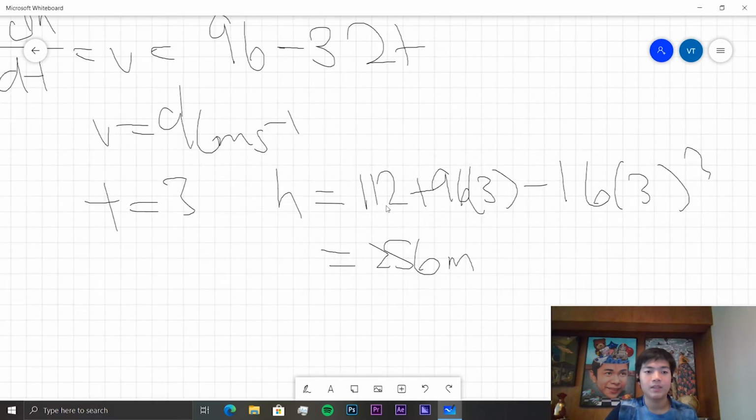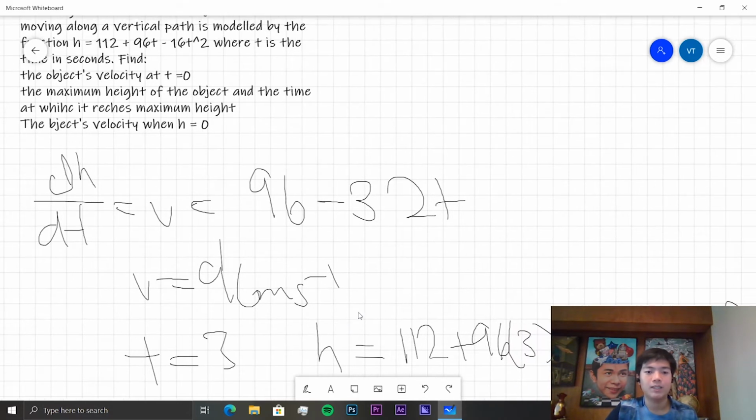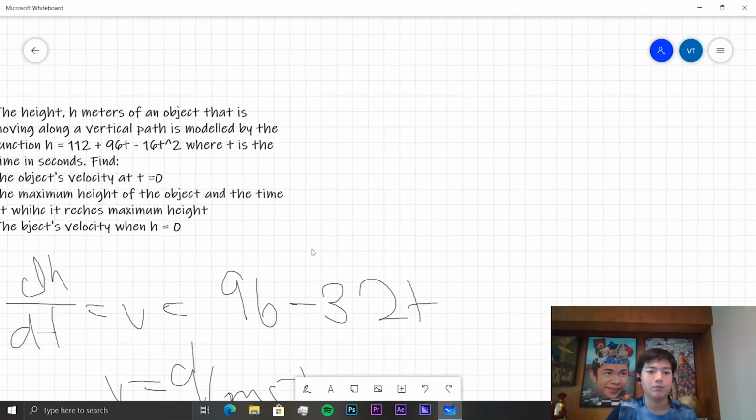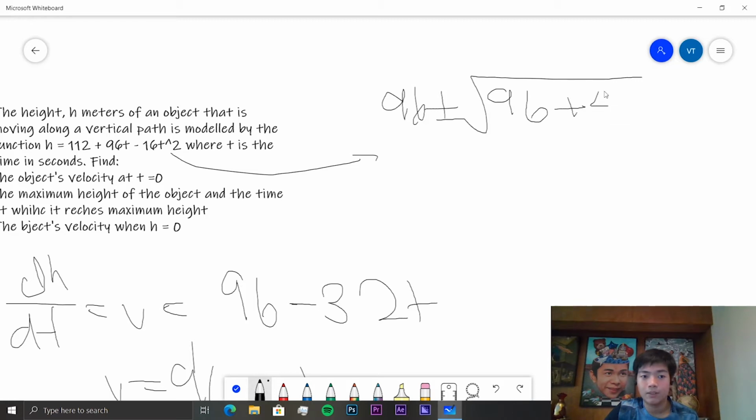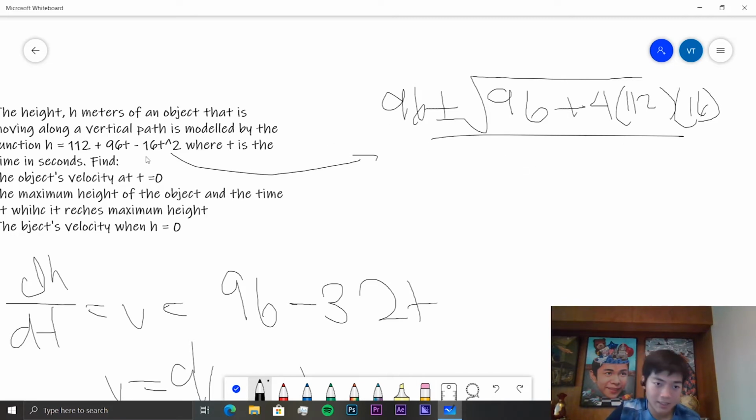And finally, the object's velocity when height equals 0. Well, when this height equals 0, we'll have to solve this equation. So we get negative 96 plus or minus the square root of 96 squared plus 4 times 112 times 16, all over 2 times negative 16, which is negative 32.